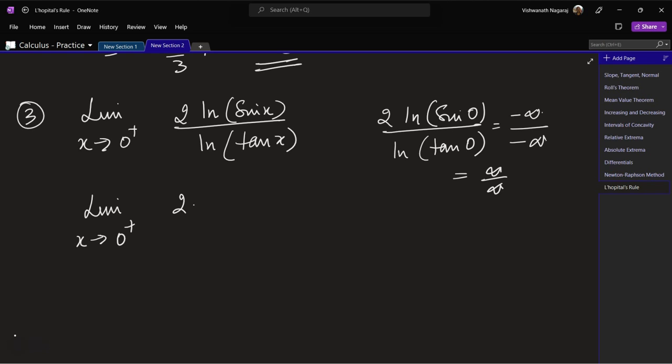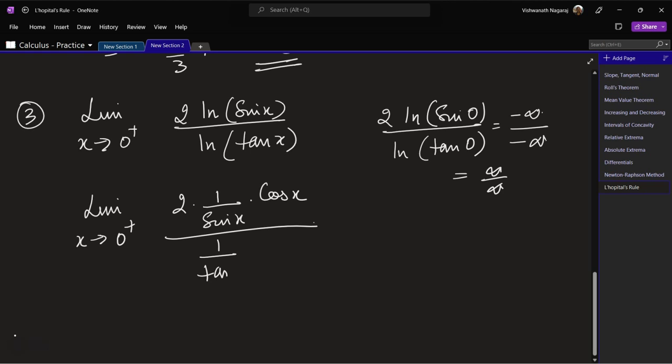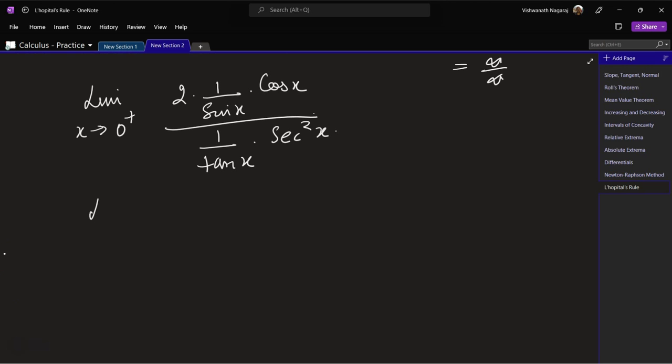So 2 times 1 by sin x to differentiate natural log, and then the derivative of sin x is cos x, by 1 by tan x times the derivative of tan x, which is sec square x. Now once we apply this rule, we keep proceeding to simplify it.